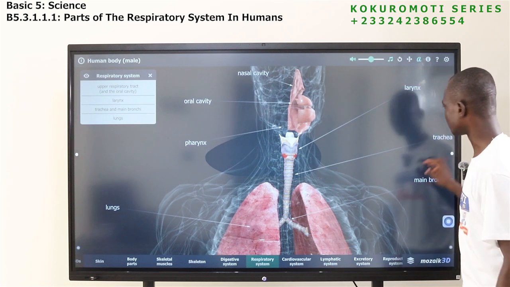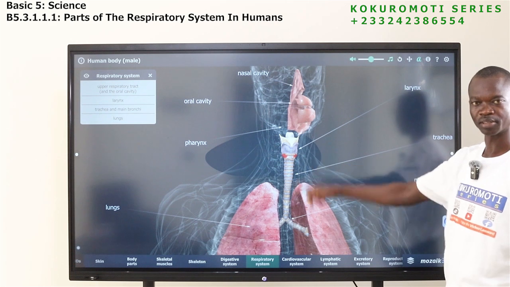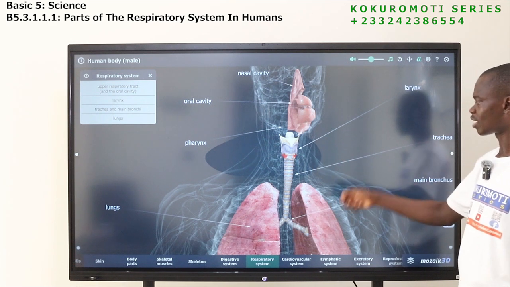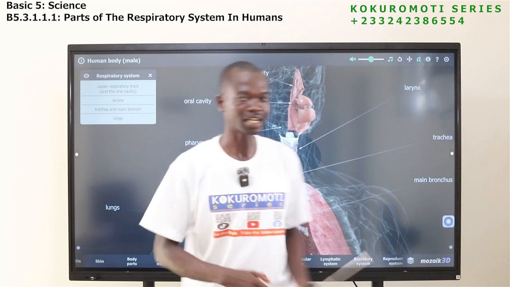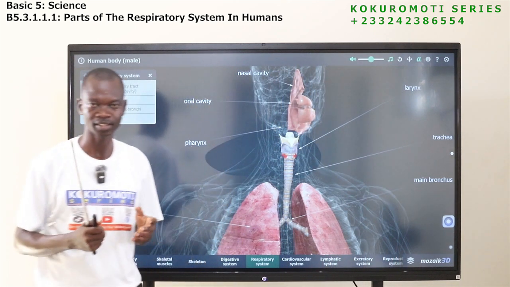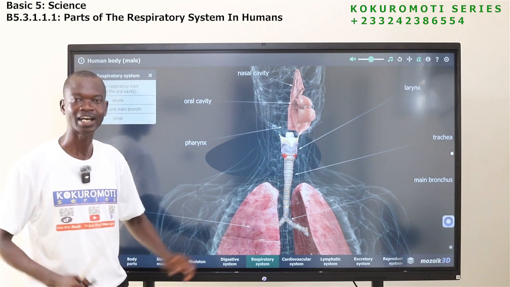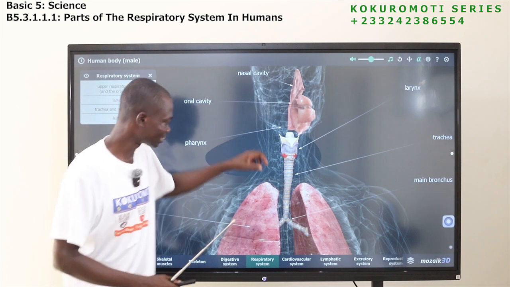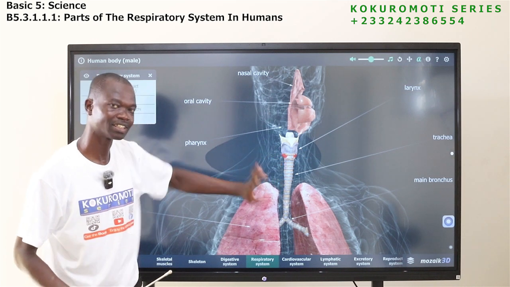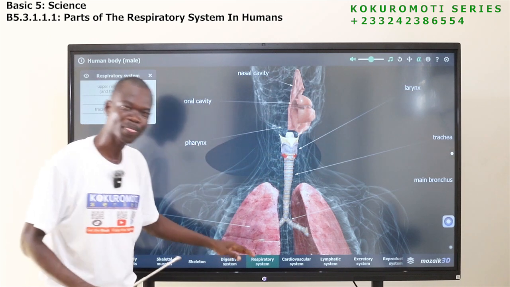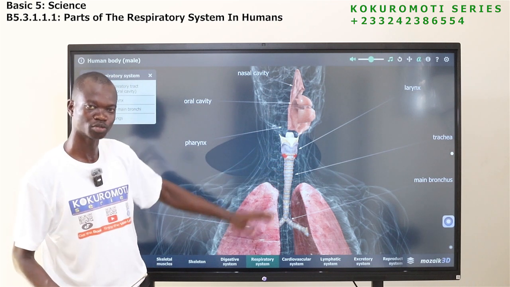Okay, so let's come down. You see the trachea, the windpipe, is also here. That is where we can find the cilia. I have told you that the cilia are something like hair. They trap dust, bacteria, and other harmful particles that will try to enter the lungs. If you are dust, you'll be trapped here and not allowed to go.